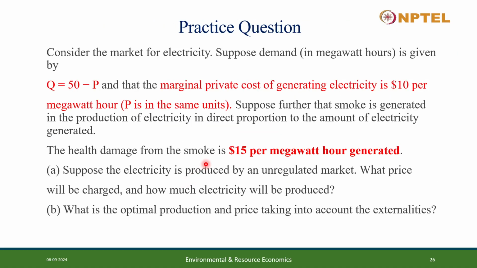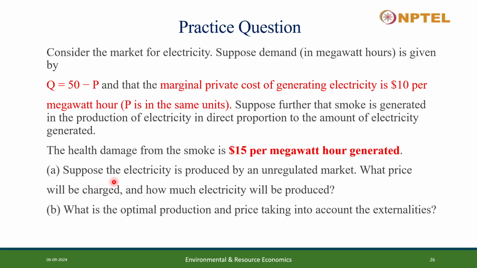And then we discussed incentive design, and we solved some problems. Here, in an electricity market, we are given the demand curve, Q equals 50 minus P, and the marginal private cost curve, that is $10, and the cost due to the smoke which is produced, that is the social cost because of health damage, which is $15 per megawatt hour generated.